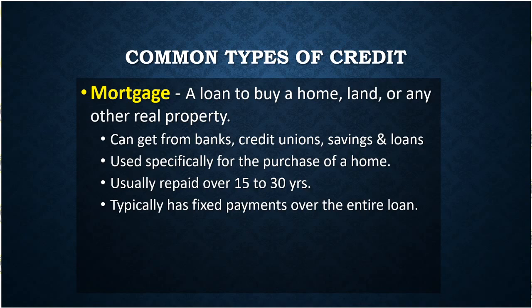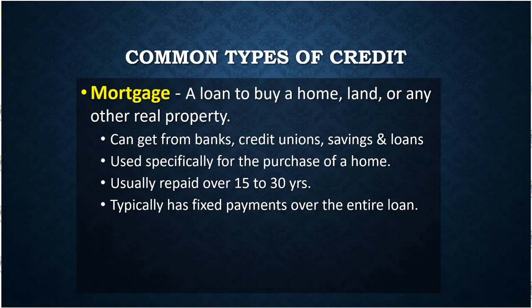Most mortgages have fixed payments over the entire loan, although there is one type of mortgage called an ARM, for adjustable rate mortgage, that does have a bump in it after you pay so long. But most straight mortgages will be at a certain percentage rate, could be 2%, 3%, up to 7, 8%.